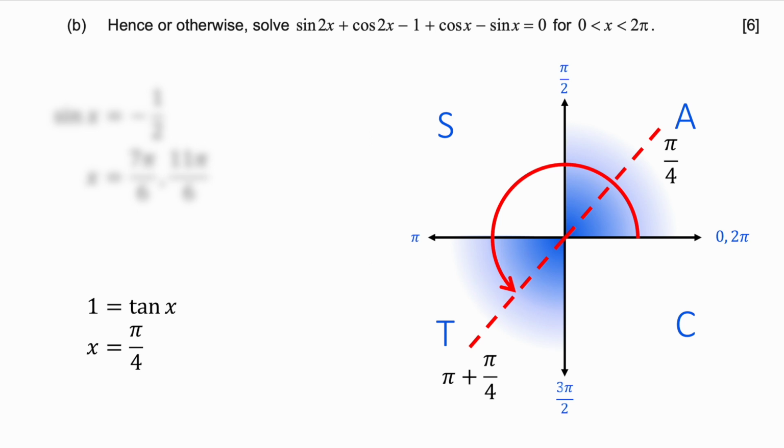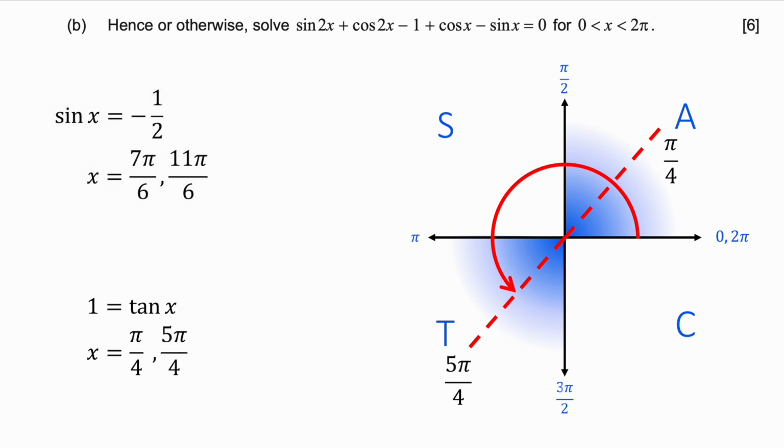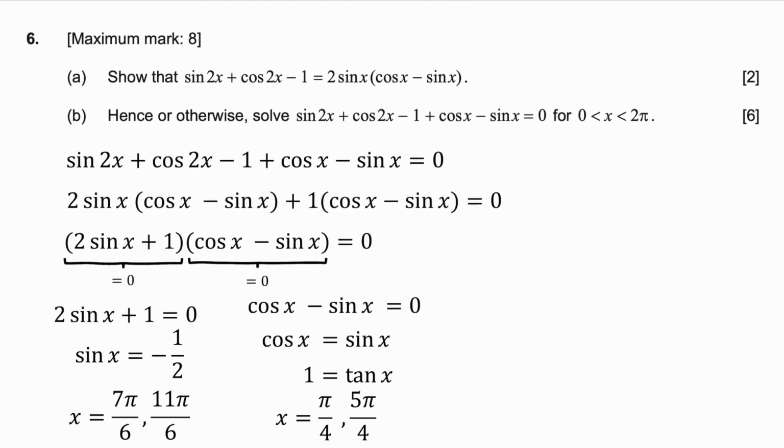And that's when you go around to pi. So you start here, go around to pi, and then you go a bit further, pi over 4. So you go pi plus pi over 4. And we need a common denominator, so that's 4 pi over 4 plus pi over 4, which is going to be 5 pi over 4. And now we've found all solutions. That is the final answer.